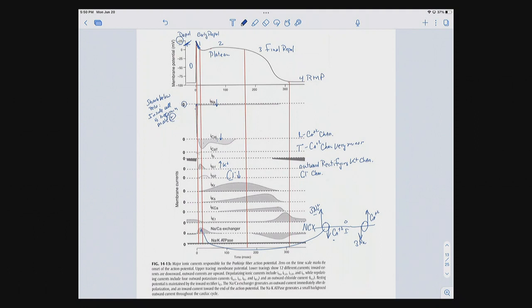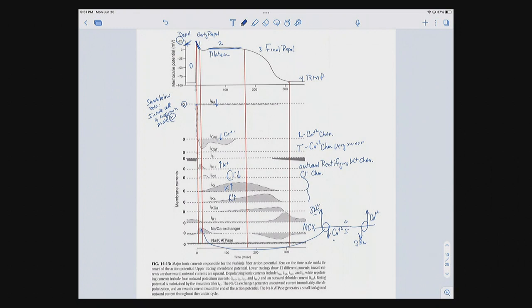As I move to the plateau phase, it's a plateau, so it's staying there, but I'm having a lot of things going on. So let's draw our eyes down and see I still have my L-type calcium channel, so I'm still having my calcium flow in, again a +2. But you'll also note now I'm having a significant number of other potassium channels that are opening up, allowing potassium to leave here and here.